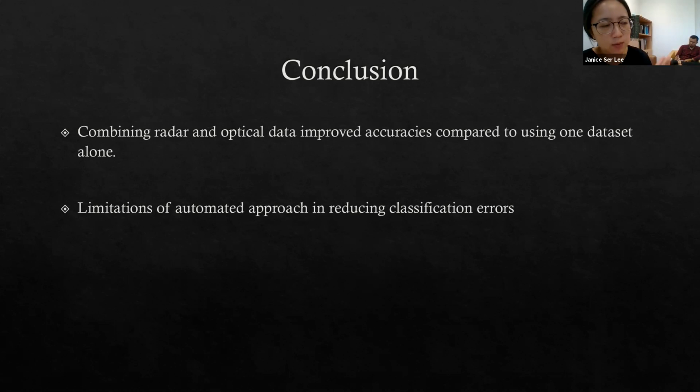Austin's approach was visual detection and digitizing of these oil palm plantations. And so she could use a lot of the land use features which might not be picked up by the automated method.